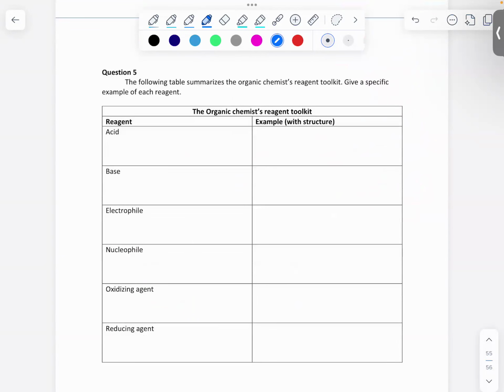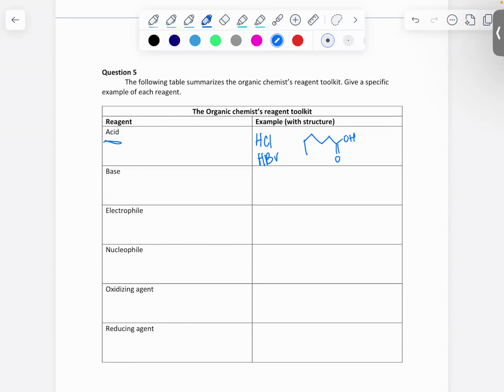So next is building up your toolkit with stuff that we have learned so far. So acids, there's a lot of examples that you can use for this. You can do something like HCl or HBr. You can also do some kind of carboxylic acid.